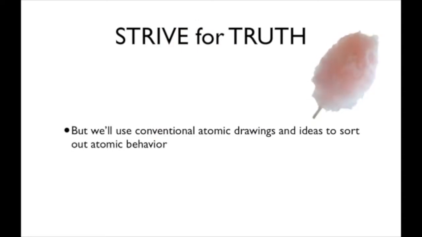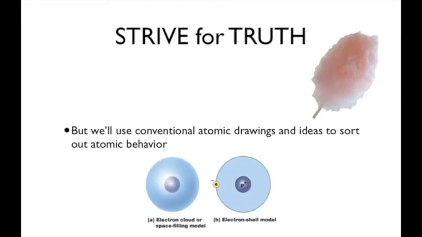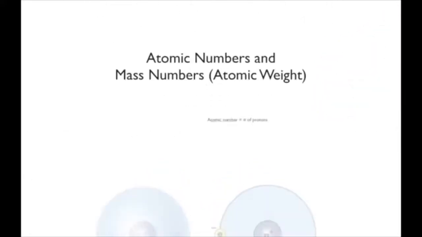So what I always say is, strive for understanding, strive for the real truth, but we, like all of your textbooks and basically everybody else, are going to use these models and drawings. We're going to draw the little electron as like a ball or a bead so that we can keep track of everything. Okay, but realize that that's not really the truth.